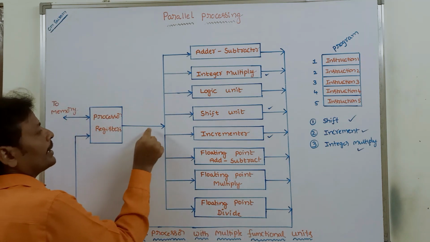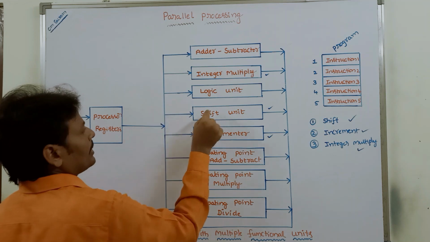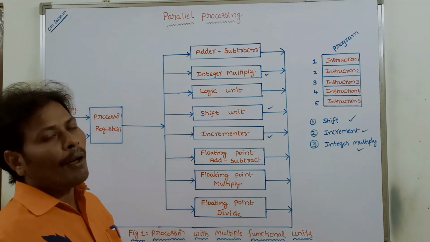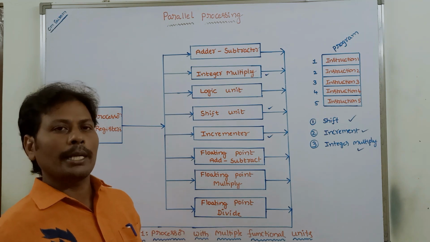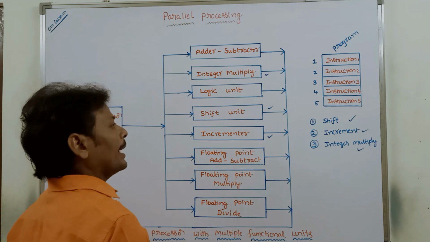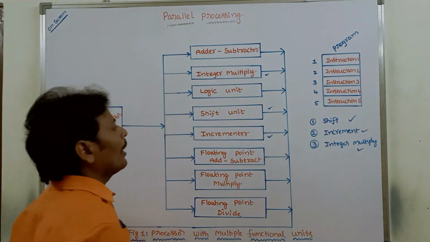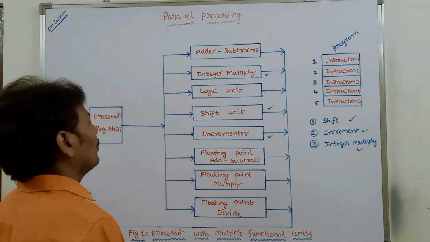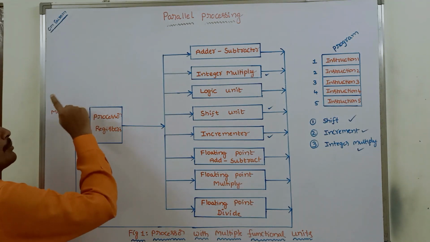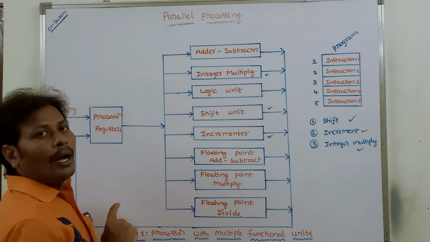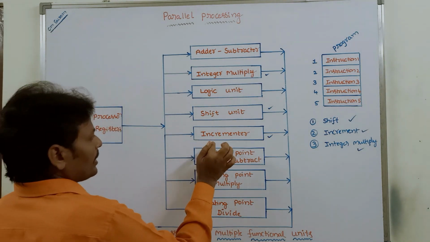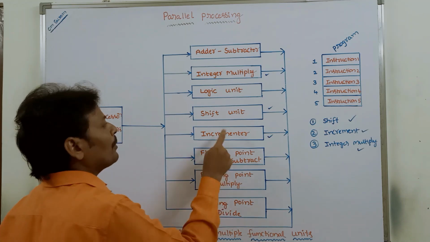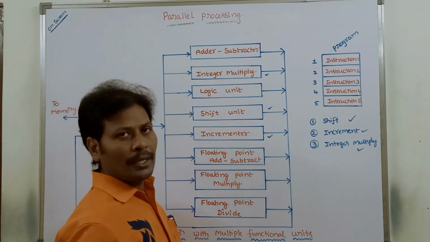That operand data can be taken from the processor register and perform the operation, either a left shift operation or a right shift operation. Next one, to perform the increment operation, we are taking the instruction from the memory and taking the operand data from the processor register and perform the increment operation.